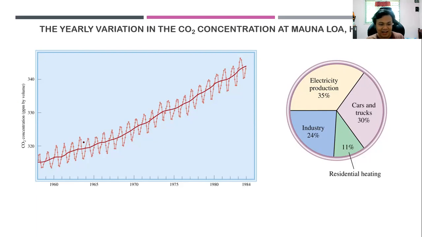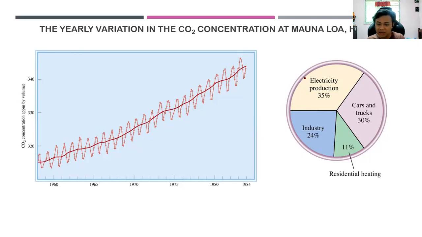Inhale, the concentration is used up, then exhale carbon dioxide. So what happened now is that the trend, as you can see, is rising. The concentration of carbon dioxide never really goes down. And what are the contributors to that?